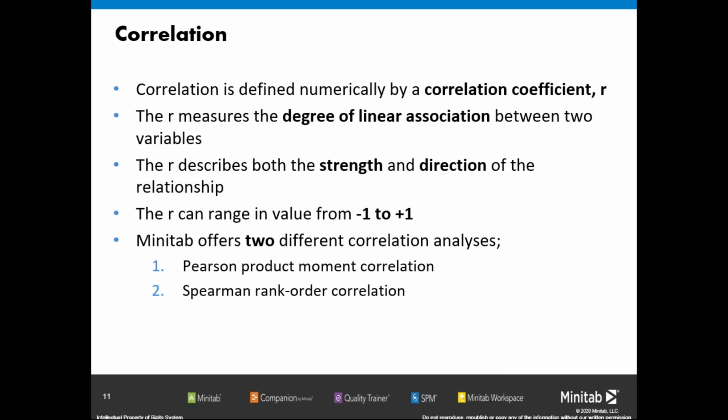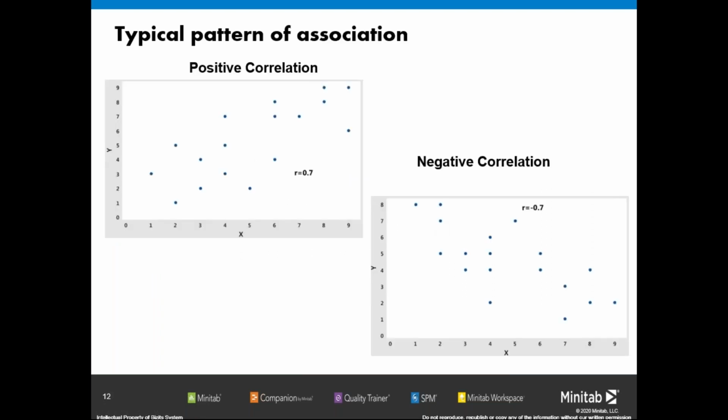So in the correlation part, you can get the strength of the correlation relationship, and then the direction, whether it's positive or negative, referring to decrease or increase.